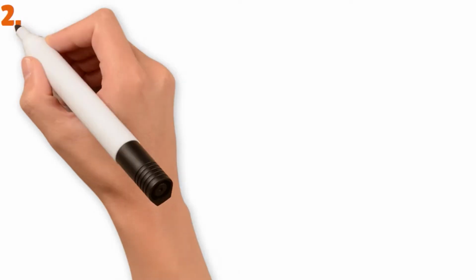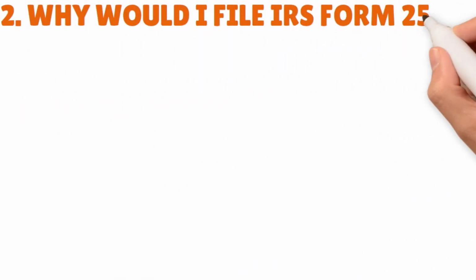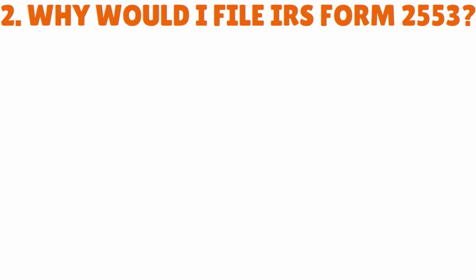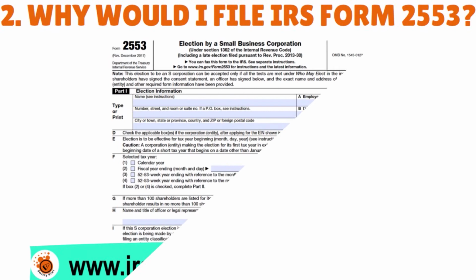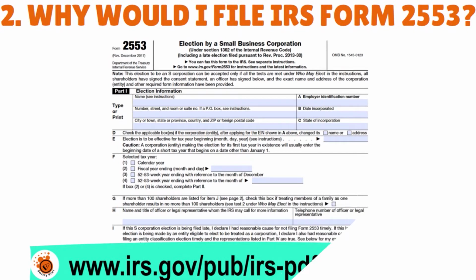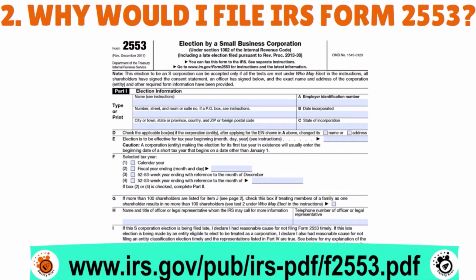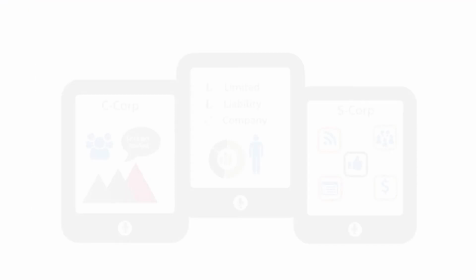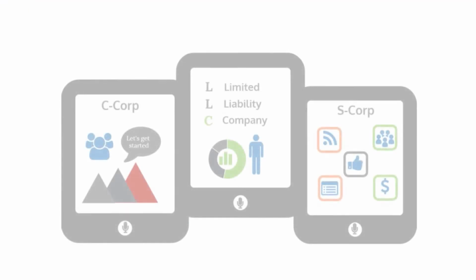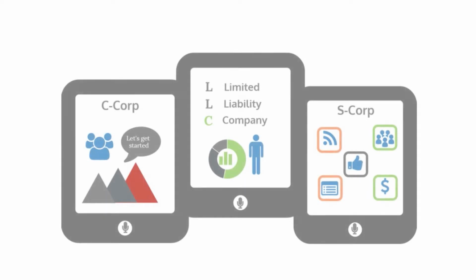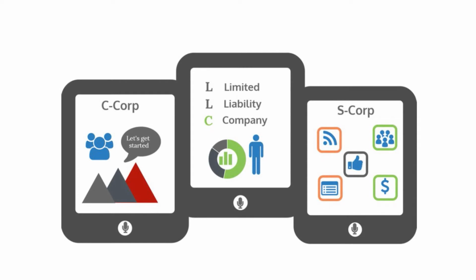So the big question is, why would you file IRS Form 2553? By filing IRS Form 2553, you are electing to have your C corporation or LLC treated as an S corporation for federal tax purposes, only federal here, not state. S corporations are corporate entities like C corporations, but they are taxed significantly differently.